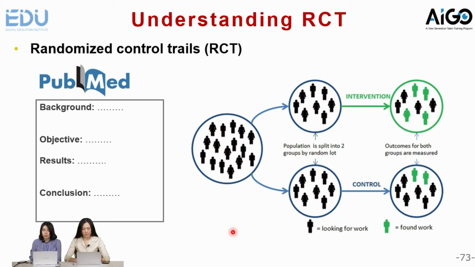The RCT report has the background and objective, like why we want to implement this experiment, and the result, what the finding is: whether there is a difference between these two groups or no difference, a positive effect or negative effect. And they have the conclusion. So this is a well-structured report, and we want to utilize this structure to see whether the machine can understand it correctly.